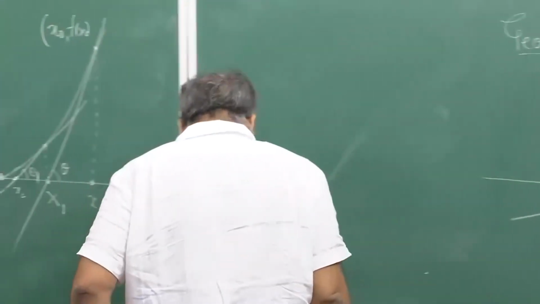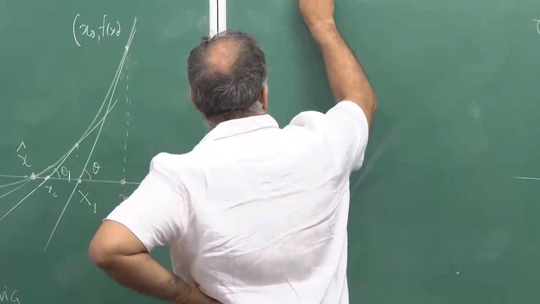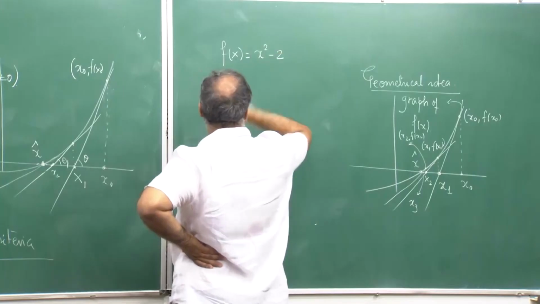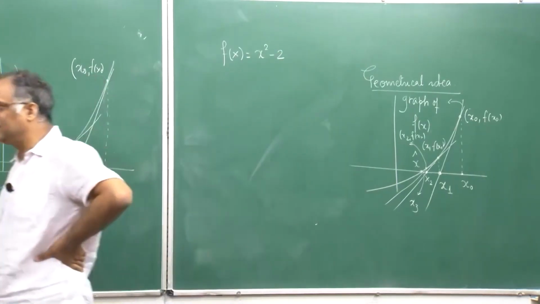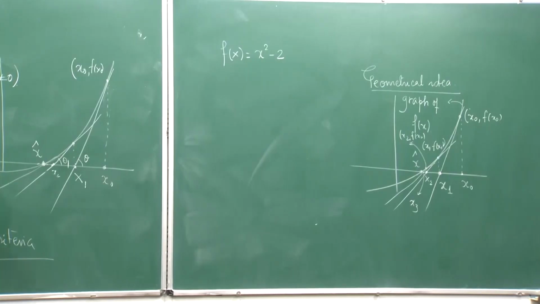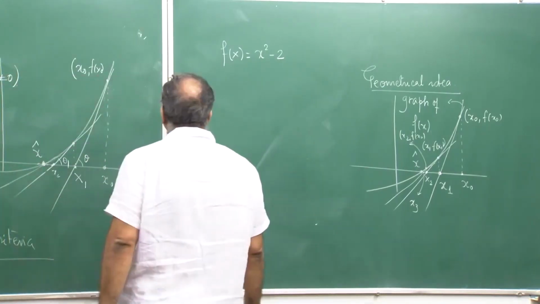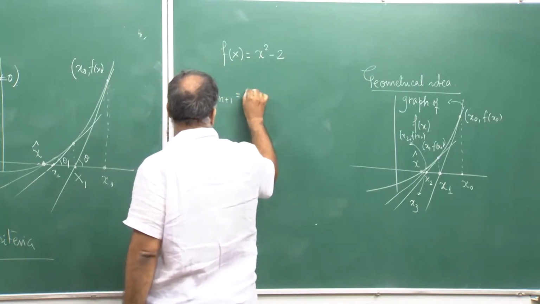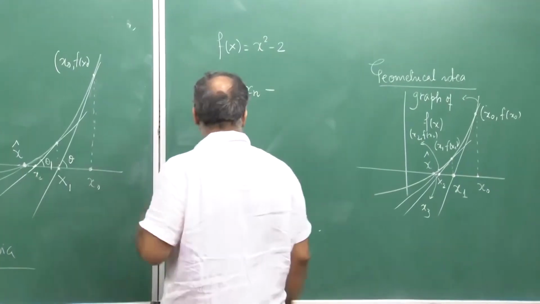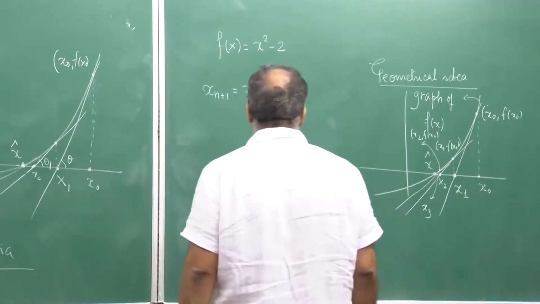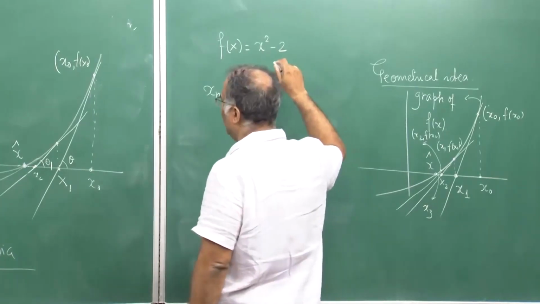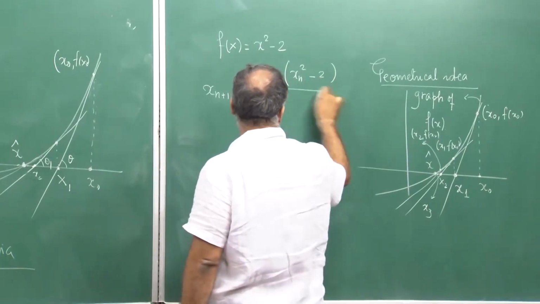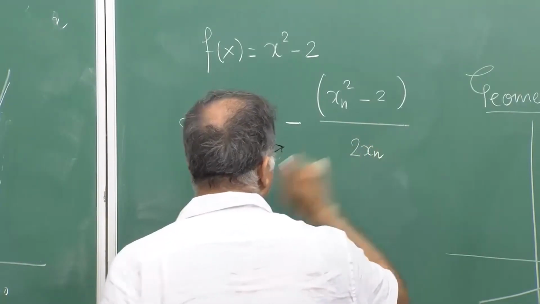For example, if I want to solve the equation f(x) = x square minus 2, what I am trying to find is x, the square root of 2. How do I compute this by this methodology? My Newton iteration scheme is x(n+1) = xn minus f(xn) divided by f'(xn), which is xn minus (xn square minus 2) divided by 2xn.